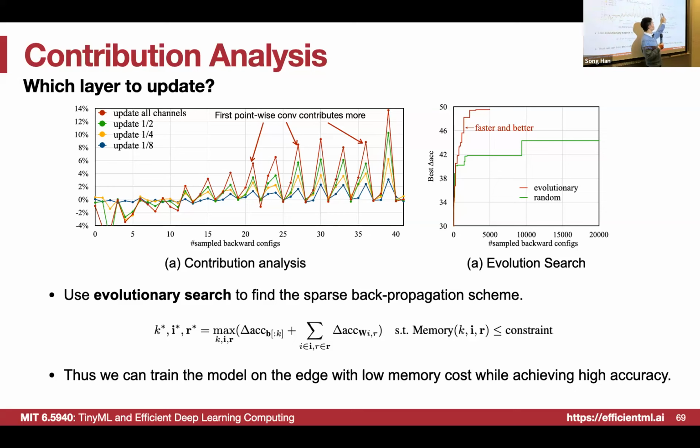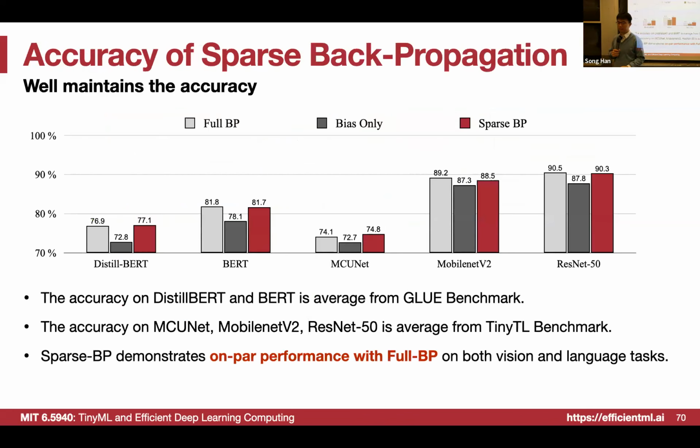Compared with random search, evolutionary search can very quickly get a very good accuracy without searching too many epochs. Thus, we can train the model on the edge with low memory cost and also achieve high accuracy. This shows the accuracy comparison on DistilBERT, MCUNet, and MobileNet V2 and ResNet-50, comparing full backpropagation, bias only, where you hurt the accuracy, and sparse BP.